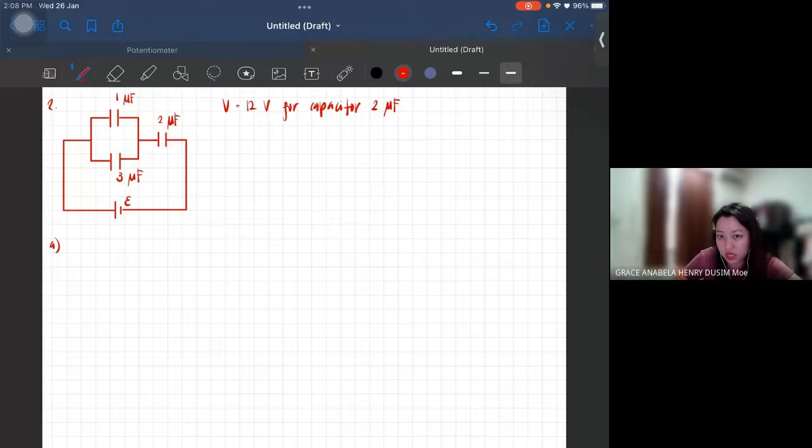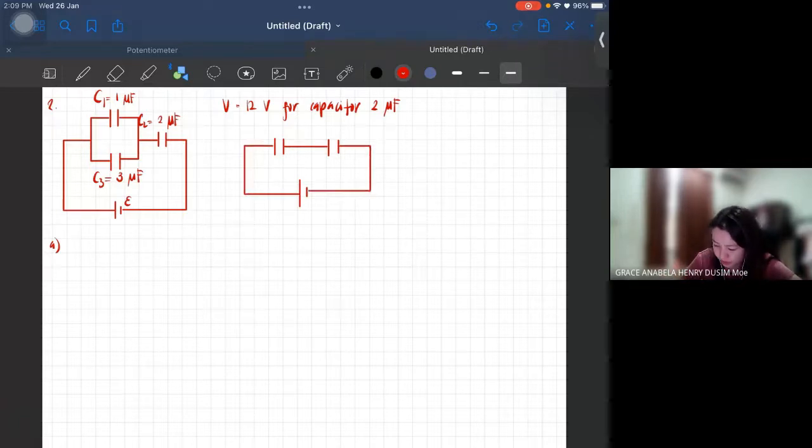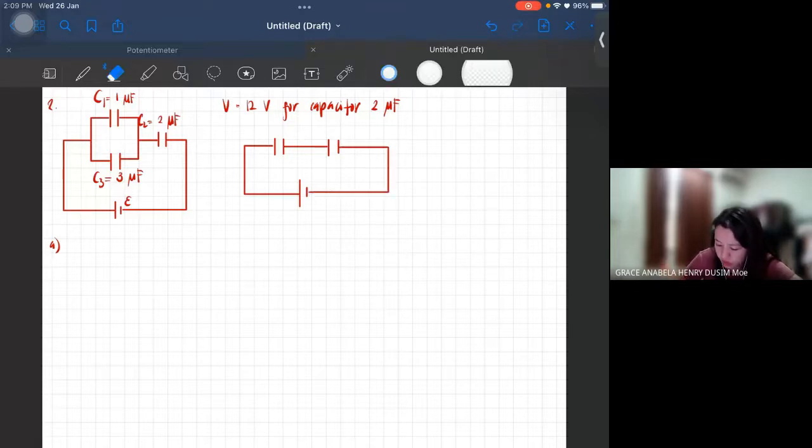First I'm going to label: this is C1, this is C2, this is C3. If you simplify them, you should get the circuit like this. This is C13, this is C2, this is your EMF.